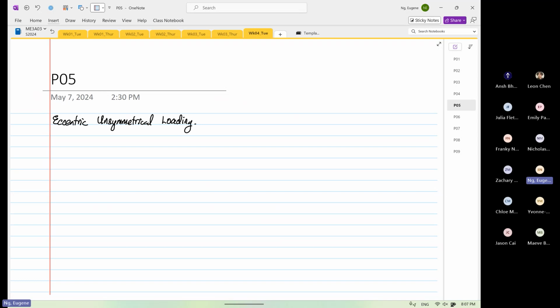So if we look at eccentric unsymmetrical loading in terms of formula, basically we have stress σx equal to Px over A plus, in fact, the Px over A is also plus or minus.